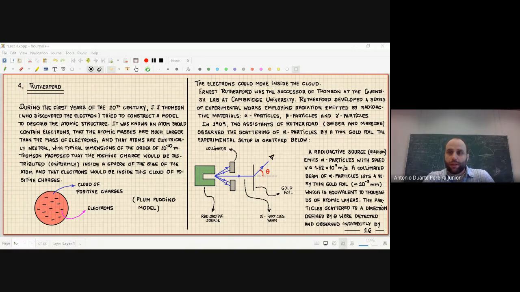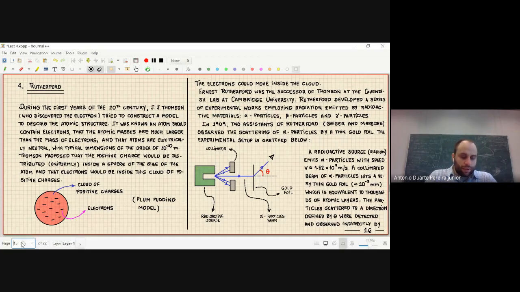So yesterday we discussed the photoelectric effect and how the idea that Einstein put forward, of light being formed by a beam of particles, of photons, was necessary to describe the experimental data coming from the photoelectric effect.